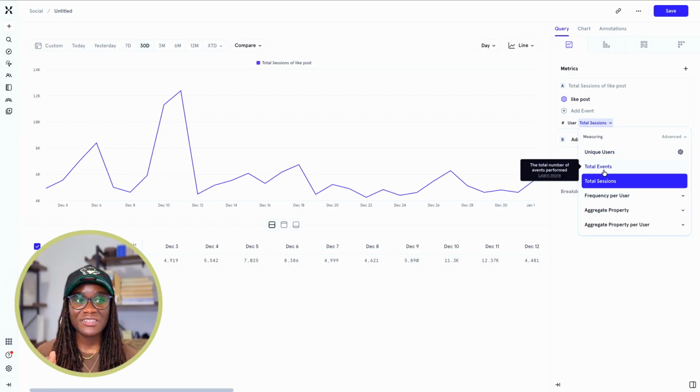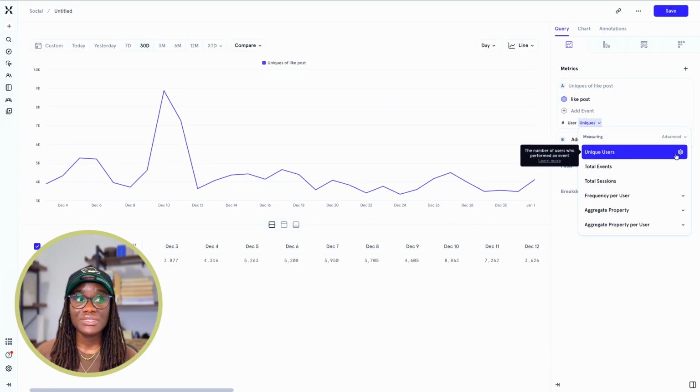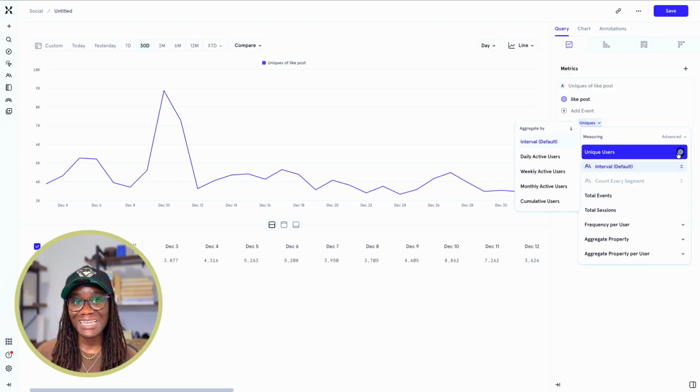And so these first three I would consider as simple, easy metrics. I should also point out that the unique defaults to an interval, which measures the number of users that carry out that event on that specific day. However, you are able to also change these to daily active users, weekly active users, and monthly active users.